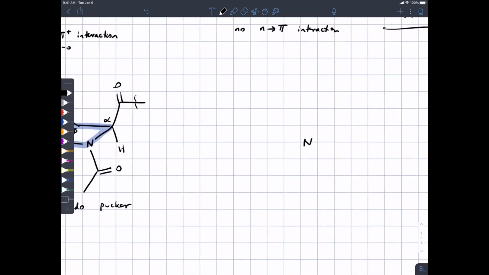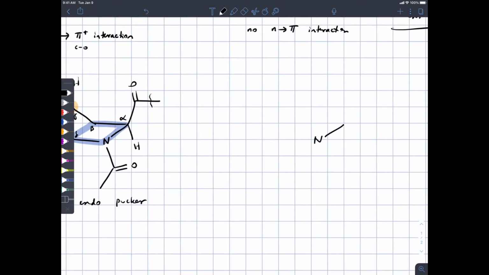So here's your nitrogen, here's your alpha carbon. Here's the beta carbon. Here's the delta carbon, and then in the exo pucker, the gamma carbon is down. Here's your carbonyl carbon, here's your amide nitrogen, here's a hydrogen, and then we'll fill in protons as needed.